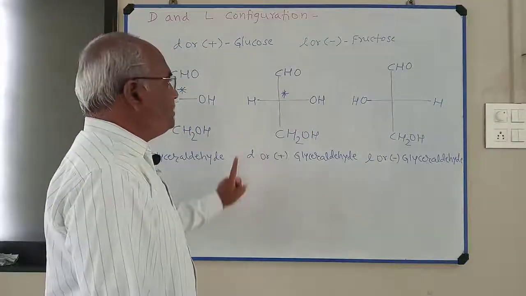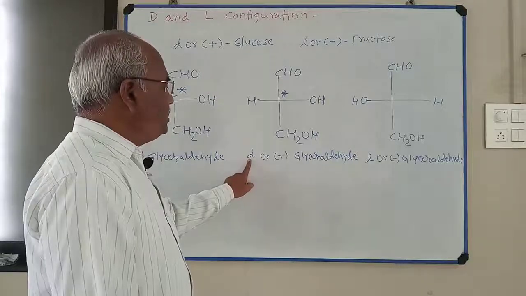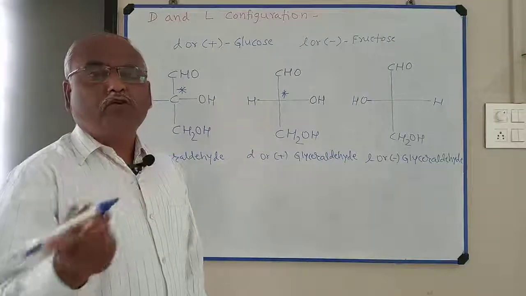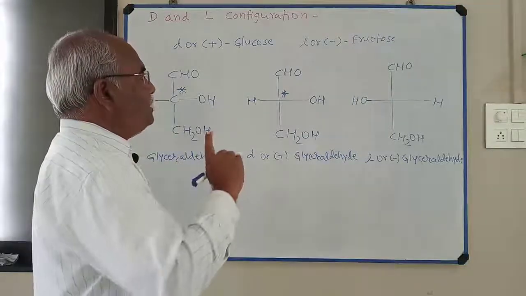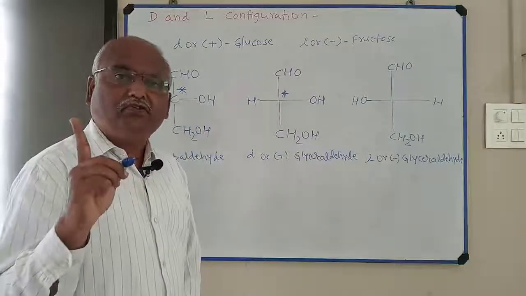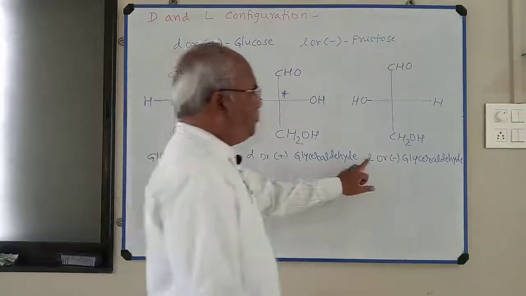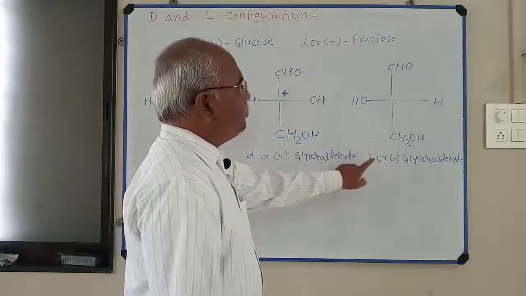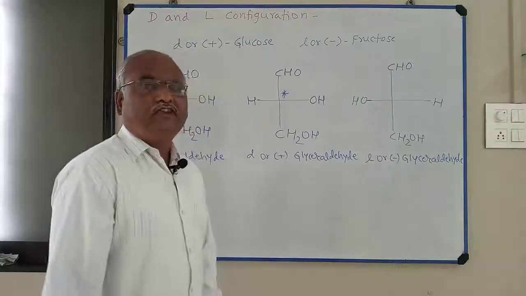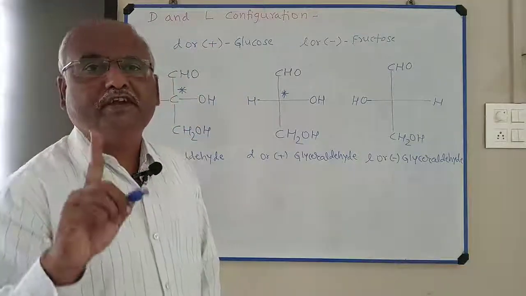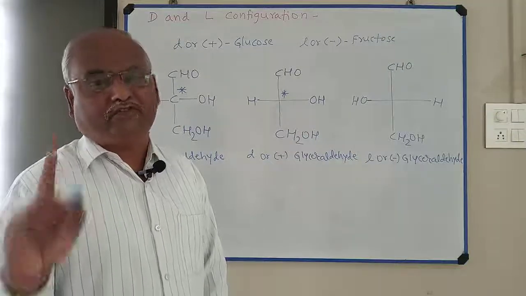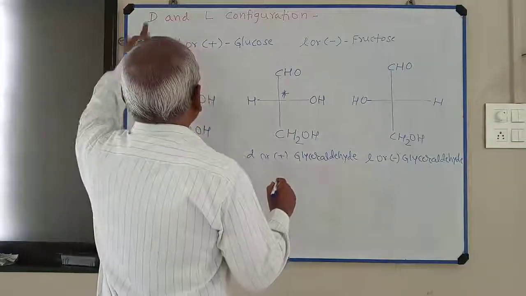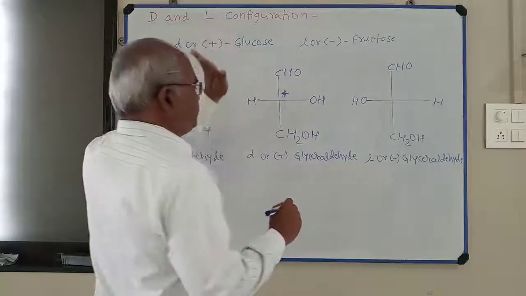So this indicates that small d or plus sign indicates that it is a dextrorotatory compound and rotates the plane polarized light in clockwise direction. This small l or minus sign indicates that it is a levorotatory compound and rotates the plane polarized light in anti-clockwise direction. Now I am going to explain what is D and L configuration.